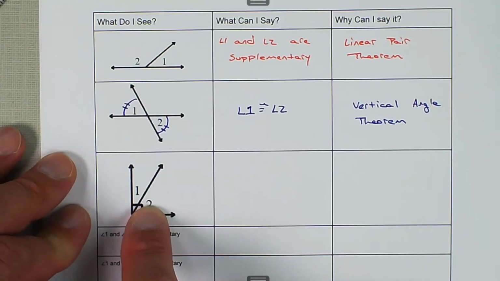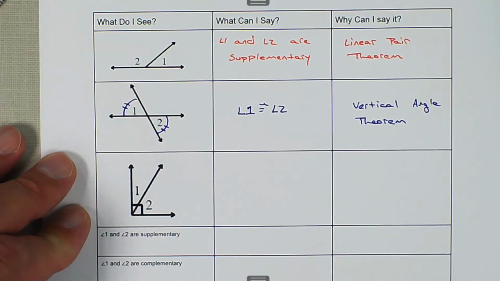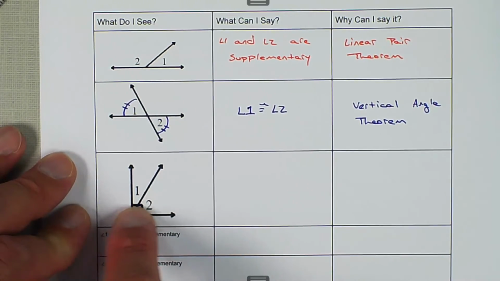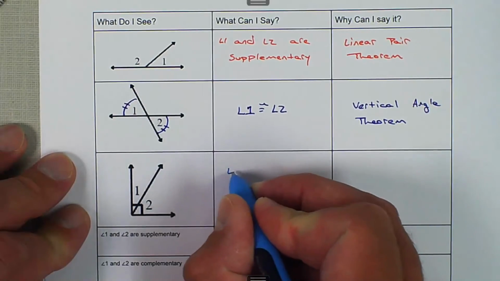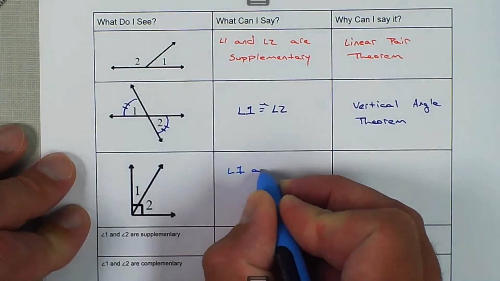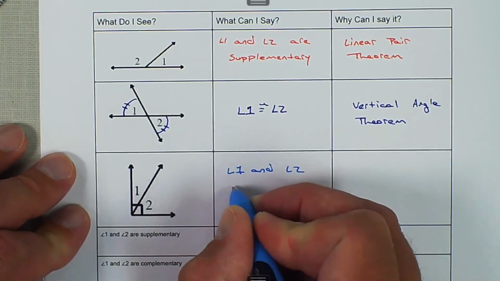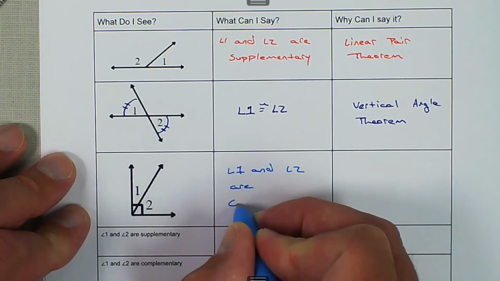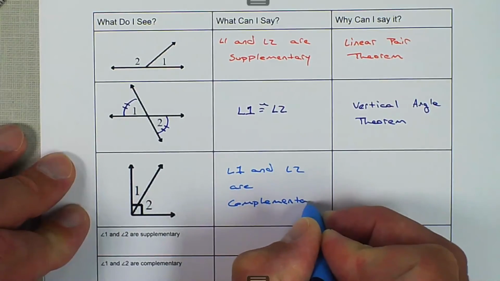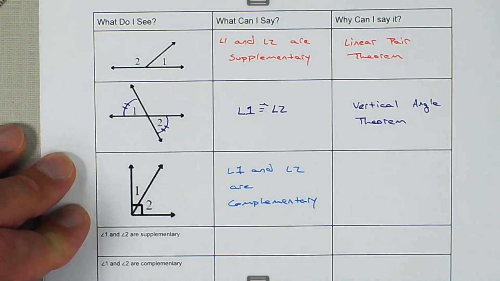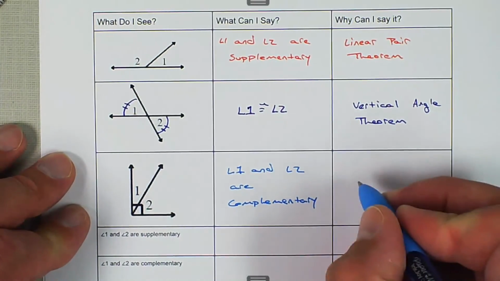Again, here we have 2 angles, and we have the box in the corner that shows perpendicular. So in this case, what we can say is angle 1 and angle 2 are complementary. And the reason that we can say that is because of complement theorem.